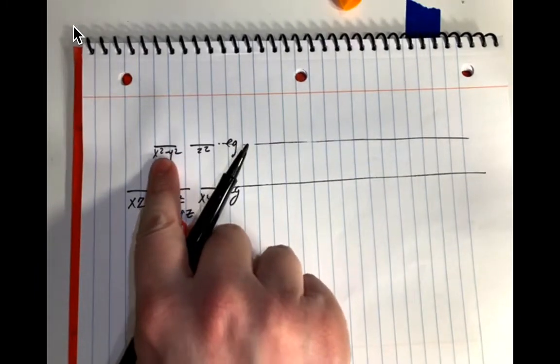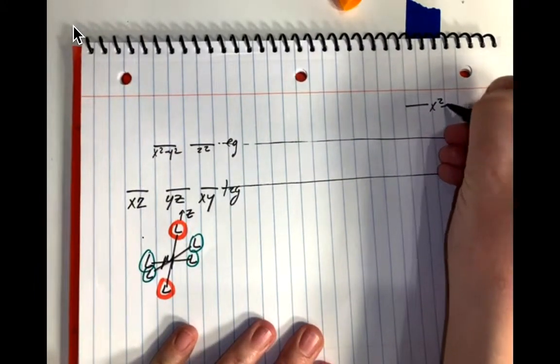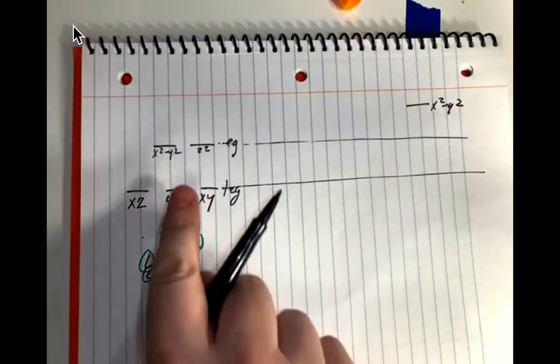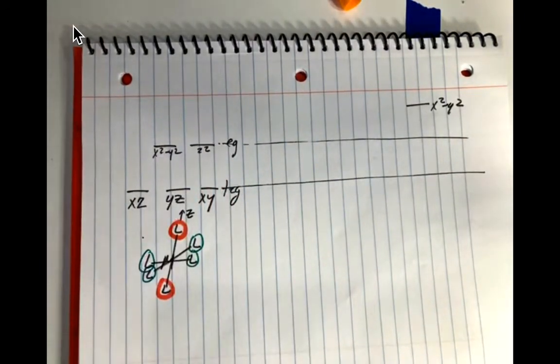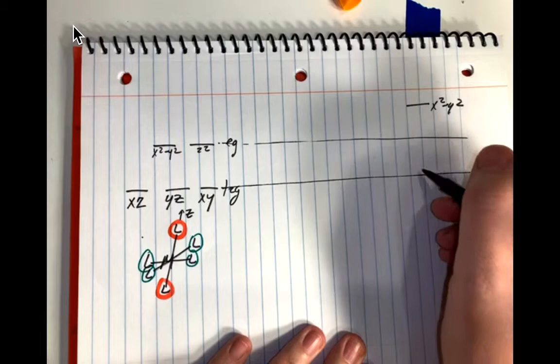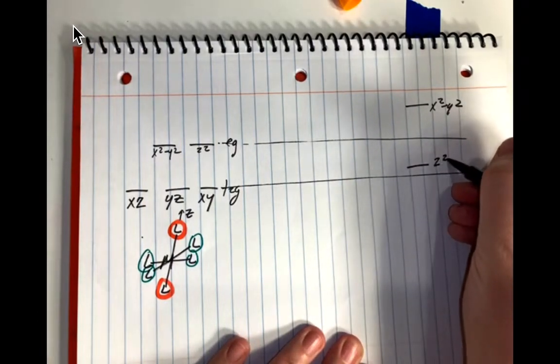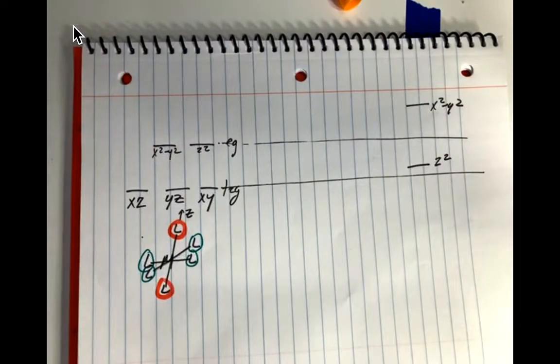So this x squared minus y squared goes really high in energy. The z squared, which is the one that's pointing directly at those two ligands that we're pulling away, goes really far down in energy. So z squared goes really far down in energy.